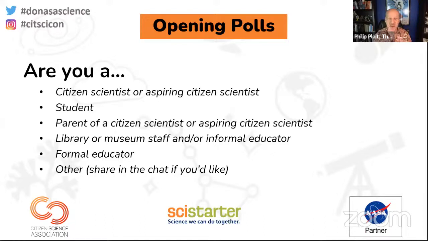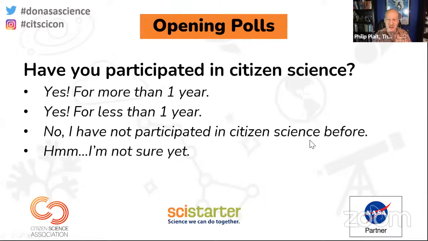We're already getting results. We've got 178 people who have already hit the button. That's pretty cool. And wow, 2/3, 66% are citizen scientists or aspiring citizen scientists. I like that. That's good to see. A lot of them, 34%, so 1/3 are students. We've got a handful of parents and library and museum staff.